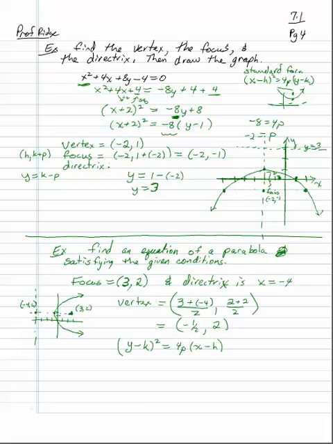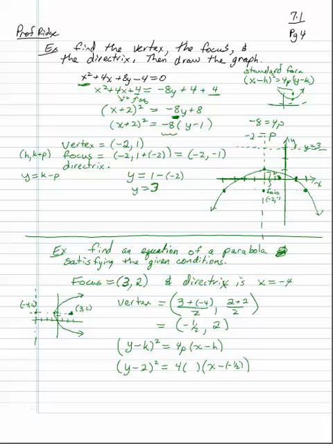So we're going to plug in what we know. y - k is y - 2. p we've got to figure out, so I'm going to leave that blank for a moment. And then x - h: h is negative 1/2, so it's minus a minus 1/2, which becomes plus 1/2.